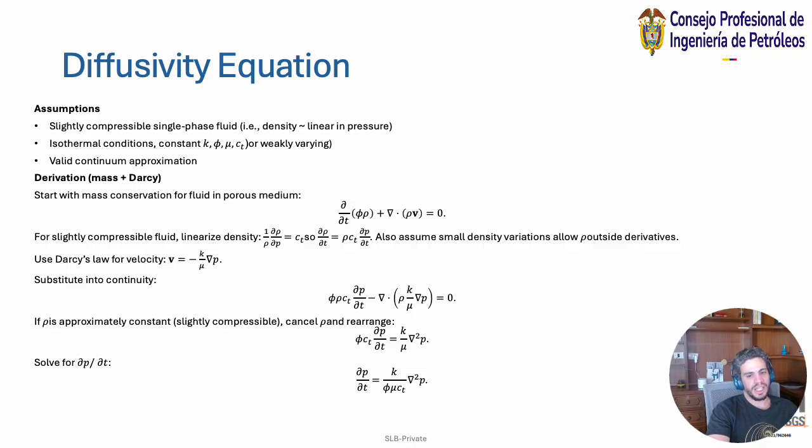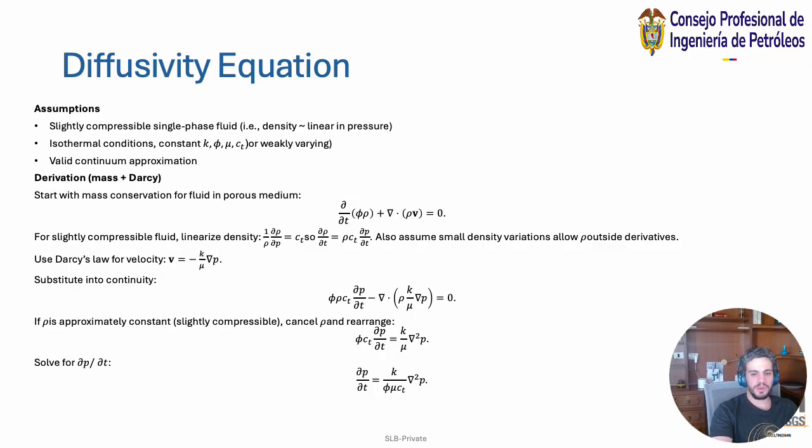And what we're doing is taking Darcy's flow equation but writing it in the form of velocity, and we're taking a slightly compressible fluid that is dependent linearly on pressure, and we're inserting that Darcy's velocity equation into the continuity equation, right?